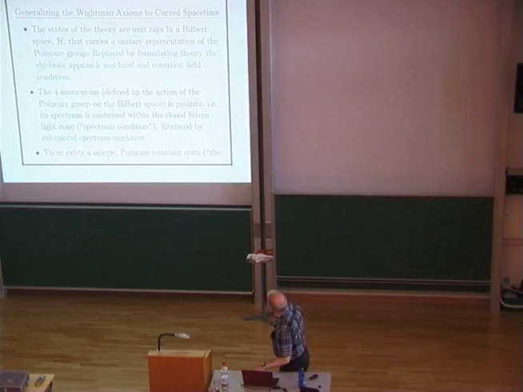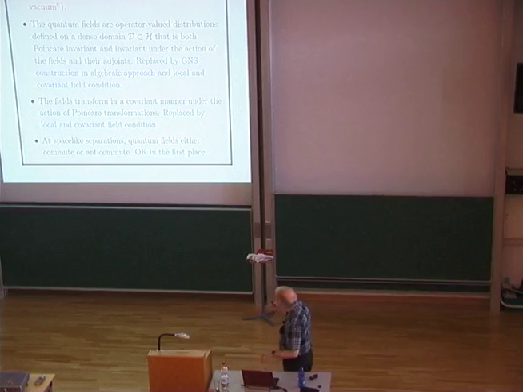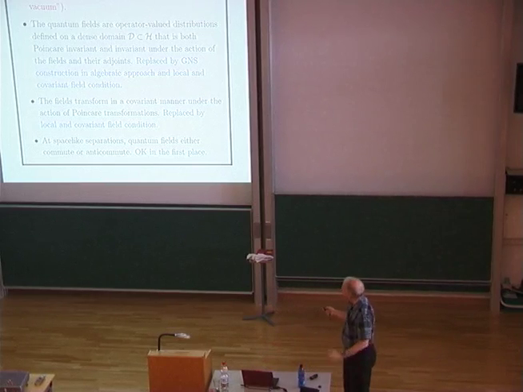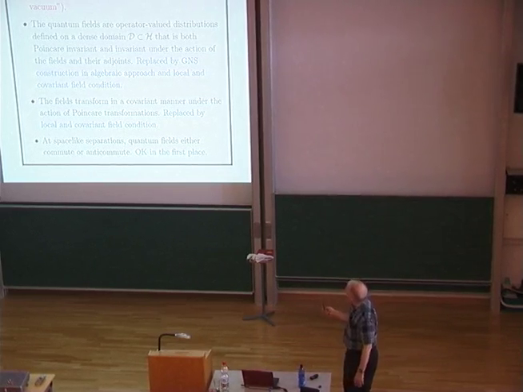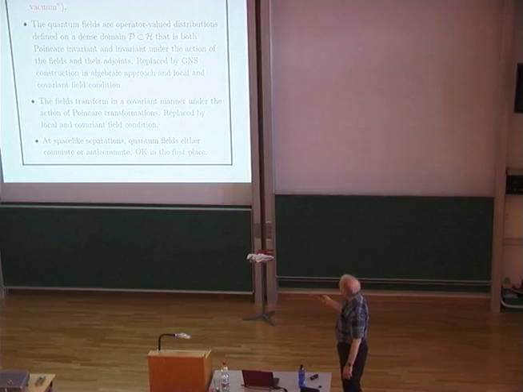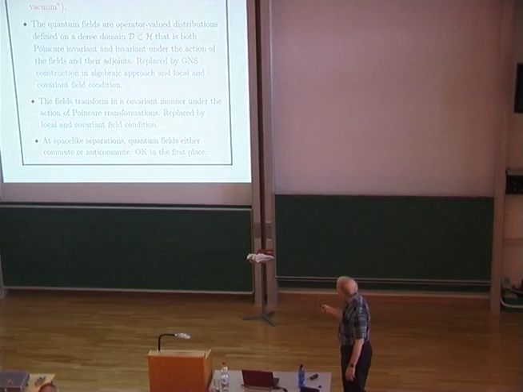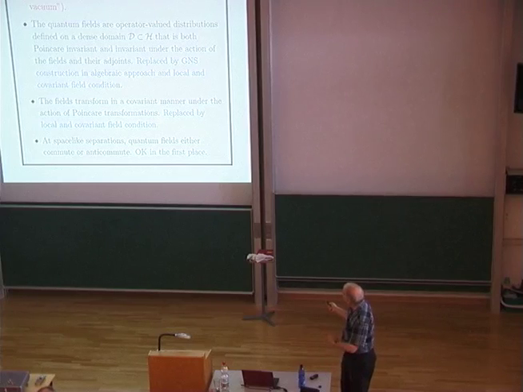We had a condition that there's a unique Poincare invariant state, the vacuum state. That's in red because I haven't said anything yet to generalize that. That's a real problem still, given what I've said. But the rest of things are fine. This stuff with the dense domain and the Poincare invariance of the domain is fully adequately replaced by just doing the GNS construction given a state in the algebraic approach.